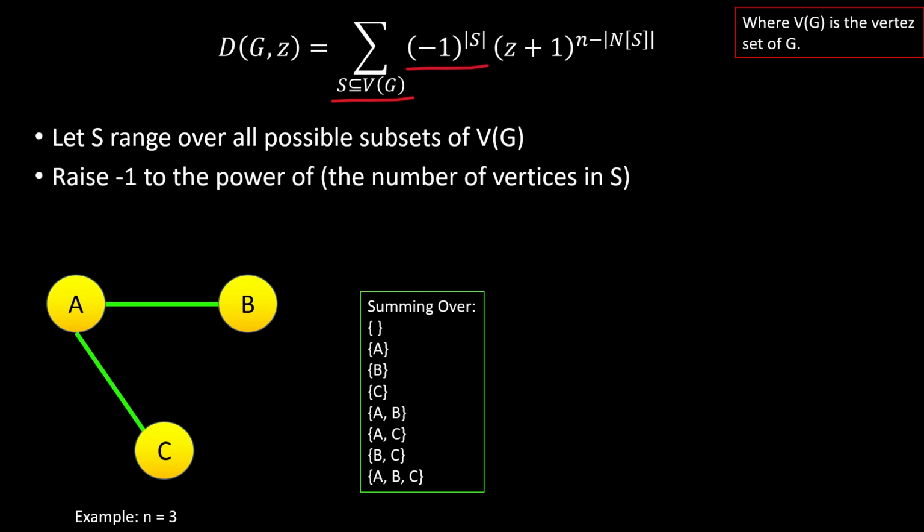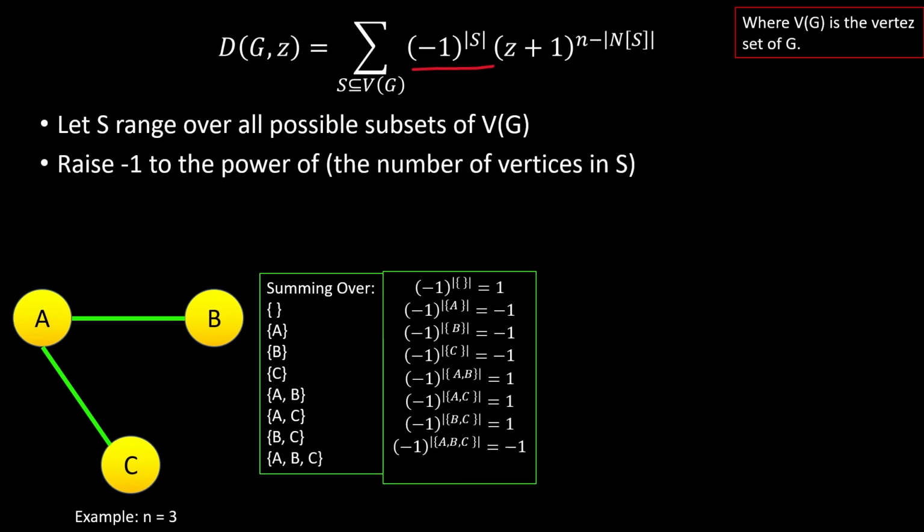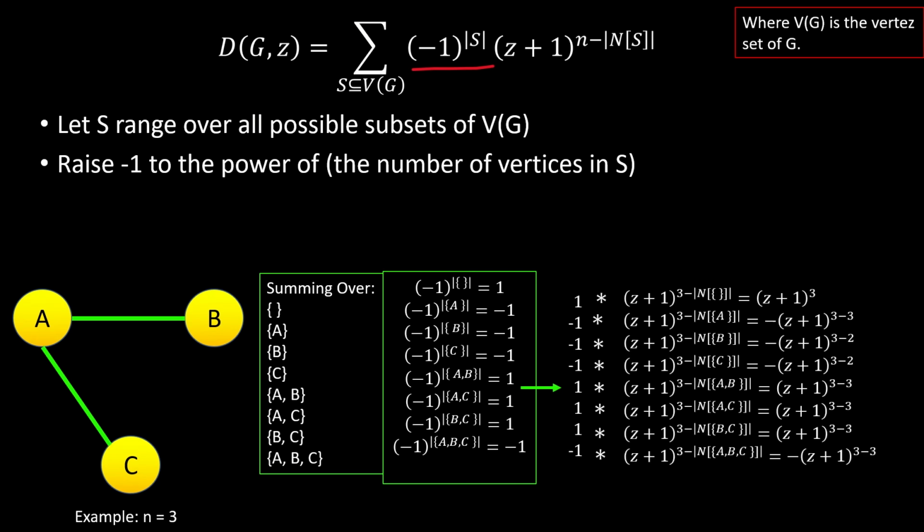For each subset S, we raise -1 to the power of the size of that subset, and then multiply that by z plus 1 to the power of the number of vertices n minus the size of the closed neighborhood of our subset, where we define the closed neighborhood of a subset to be the union of the closed neighborhoods of each vertex in that subset.